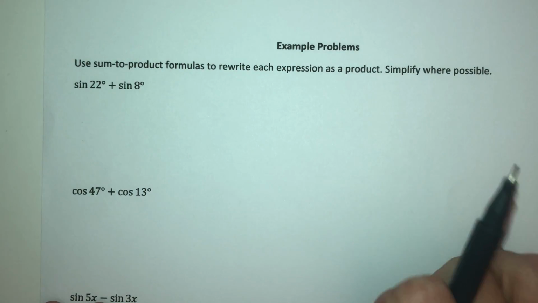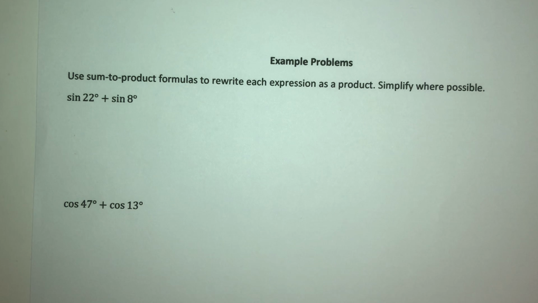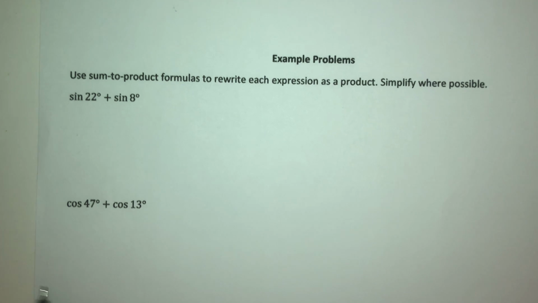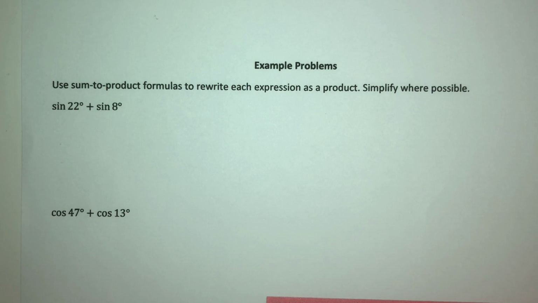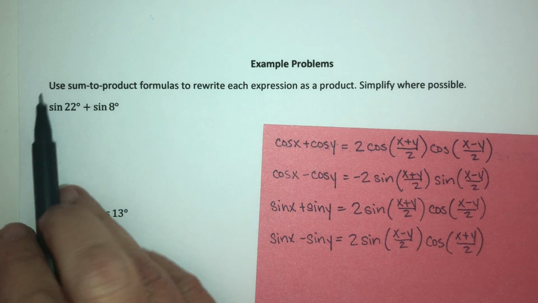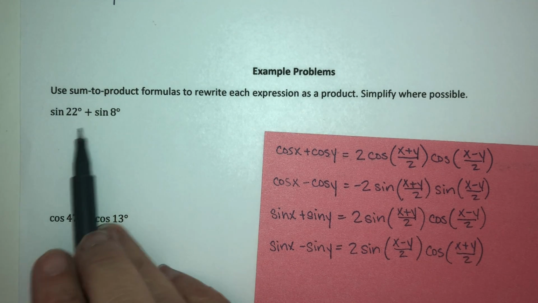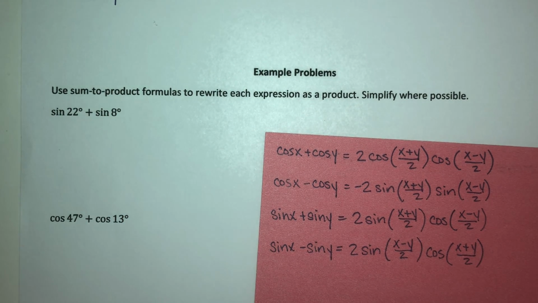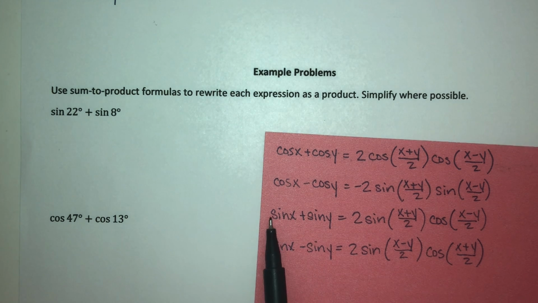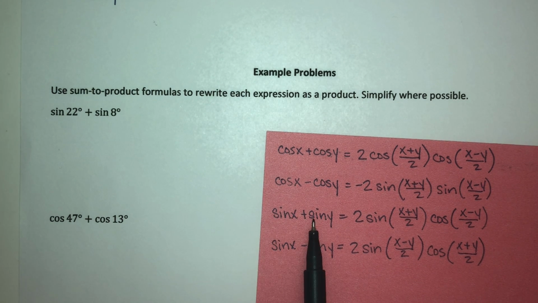Okay. So now let's use these sum to product formulas to rewrite each expression as a product and simplify wherever possible. So here I have sine of 22 degrees plus sine of 8 degrees. I'm adding 2 sines together.